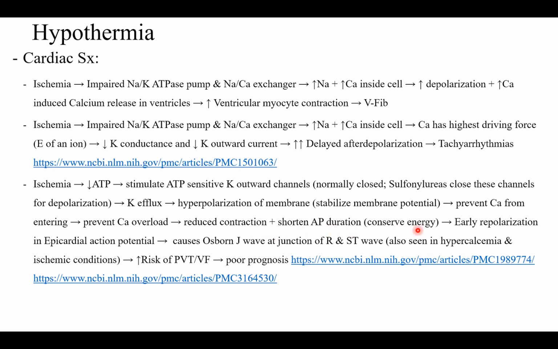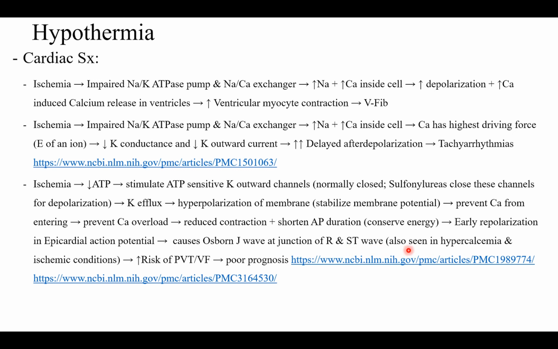This in turn conserves the energy that is required for contraction. Now you have less contraction, so you have less energy being utilized. Together, reduced contraction along with shortened action potential duration causes early repolarization in the epicardial action potential, and that causes the Osborn J wave at the junction of the R and ST wave.